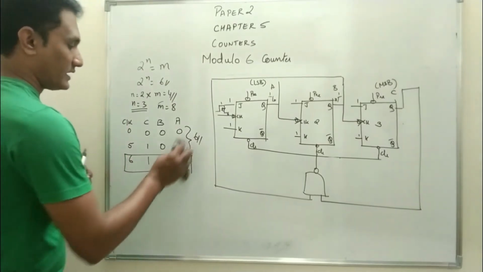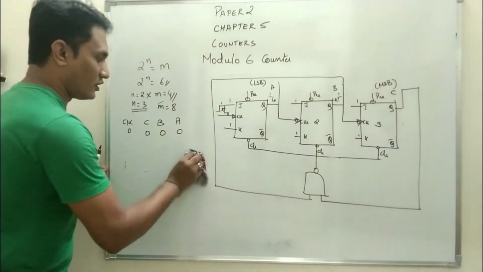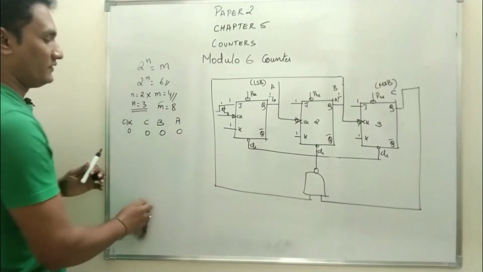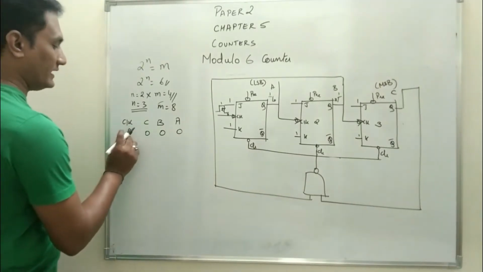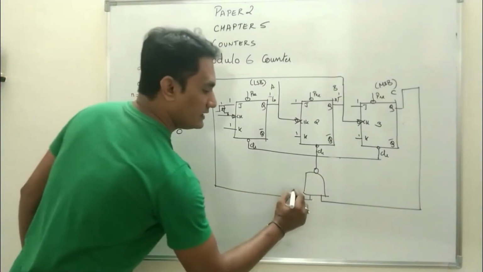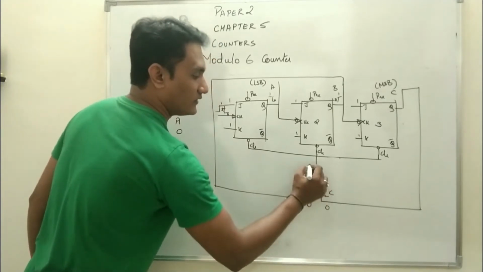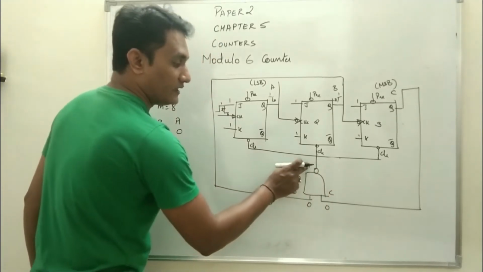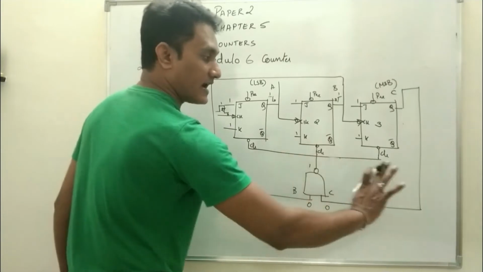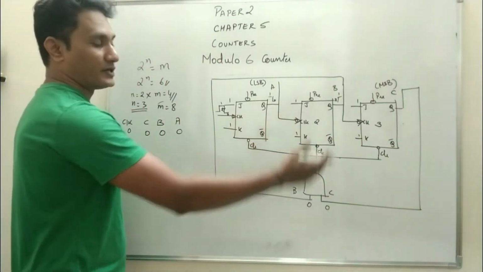Now let us try to understand the working using the truth table. As it is a normal binary counter, with each applied clock pulse the count will increase. Initially CBA is 0, 0, 0. So B and C are both 0, and the output of the NAND gate will be 1, and if it is 1 the clear terminals are deactivated. They will have no function in the operation of the flip-flops.